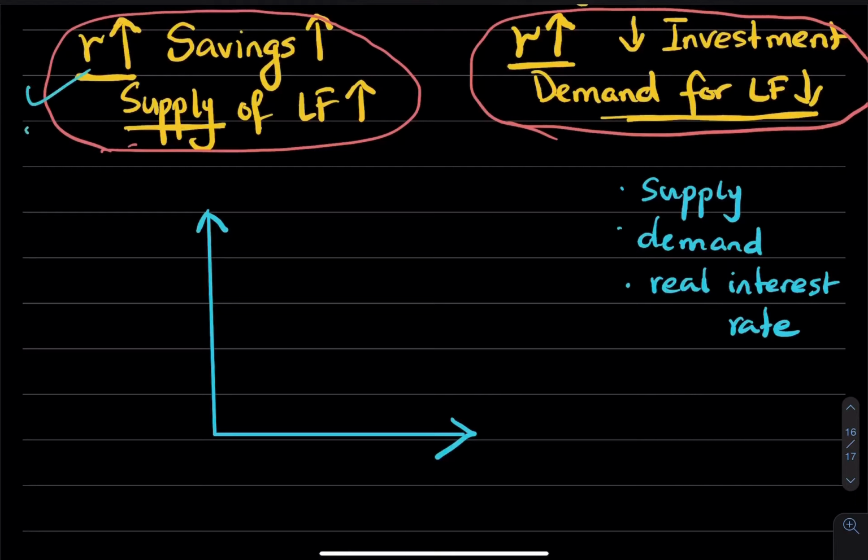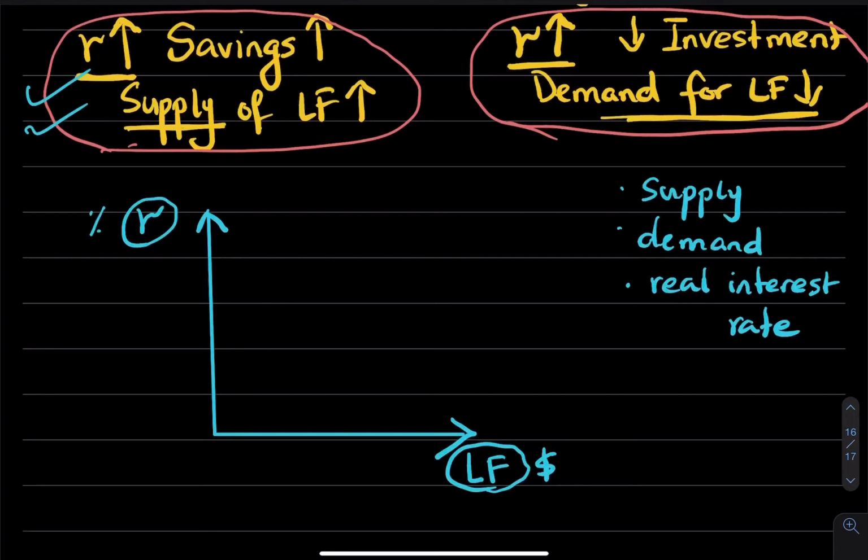So notice when we think about savings and the supply of loanable funds, if you want to draw a supply curve, that is going to be upward sloping if we put loanable funds, the quantity of loanable funds or loans, on the x-axis, and we put the price, which is the real interest rate, on the y-axis. So this is very important, what we put on the y-axis and what we put on the x-axis. Loanable funds are measured in dollars, and the real interest rate is just a percentage, so this is in percent.